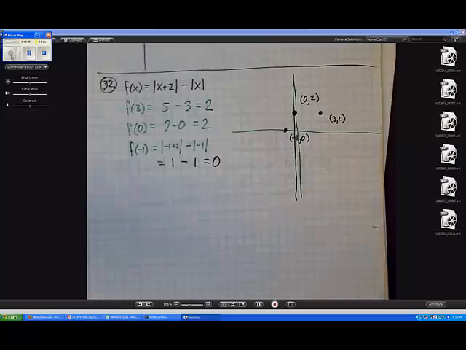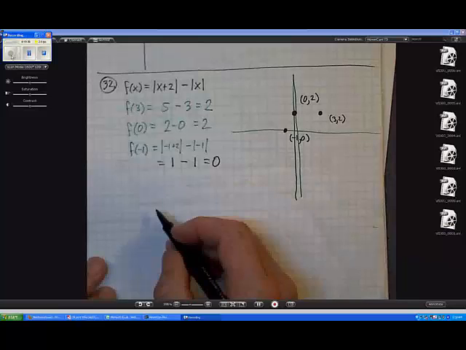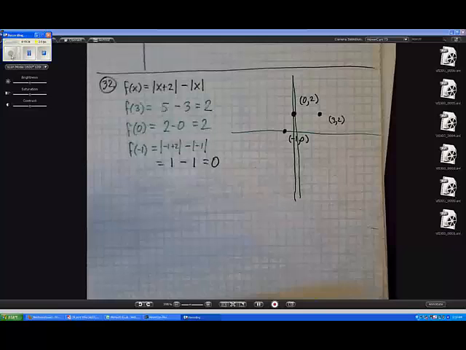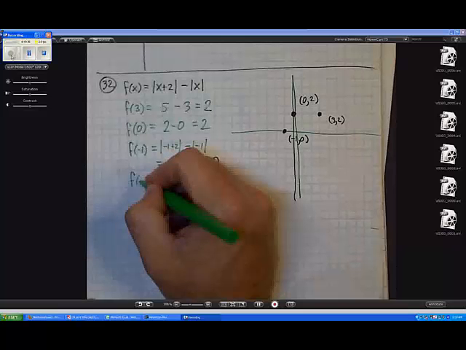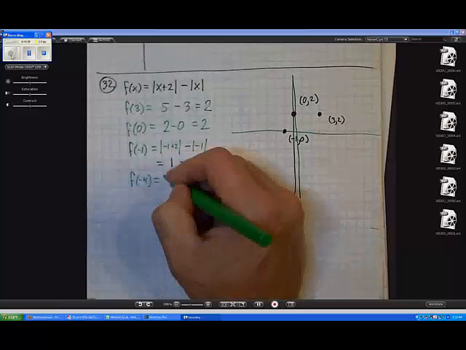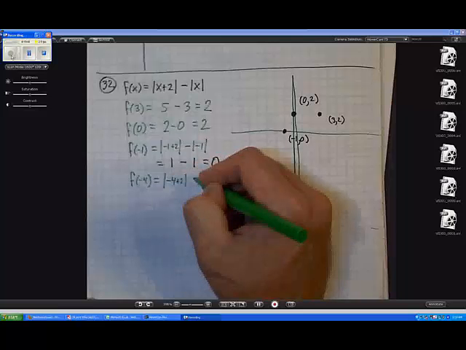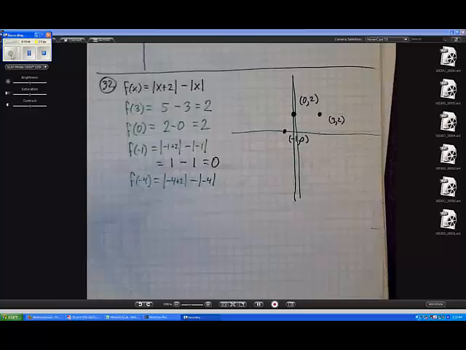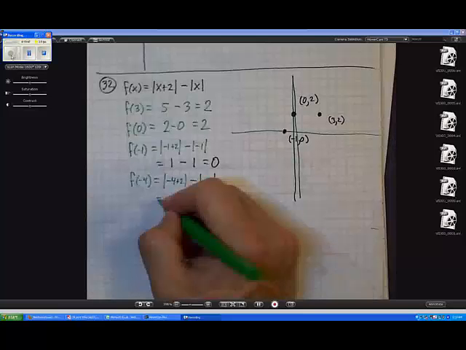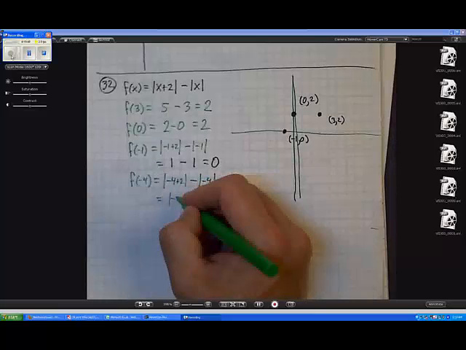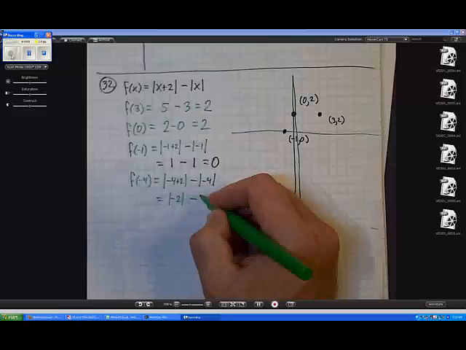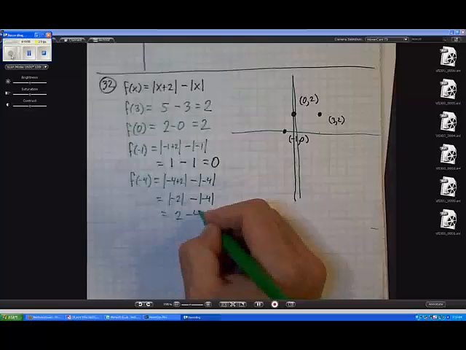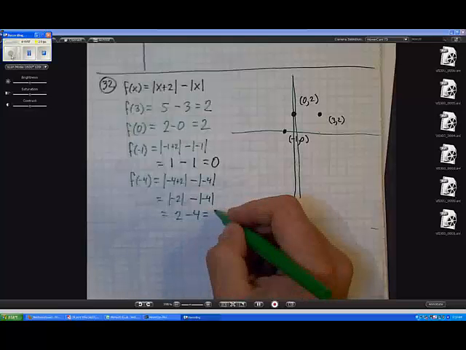And I claim there's one more thing that could happen. If you put in something like f of -4, well, now you'll be taking the absolute value of a couple of negative numbers. And so what you're going to get is the absolute value of -2 minus the absolute value of -4. That's 2 minus 4, which is what? -2.